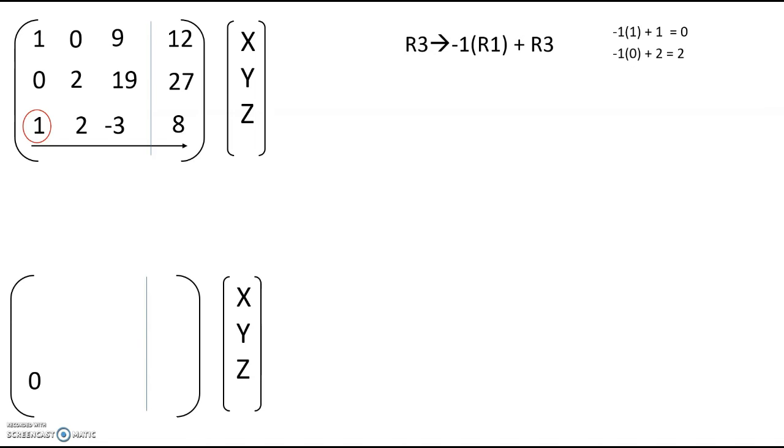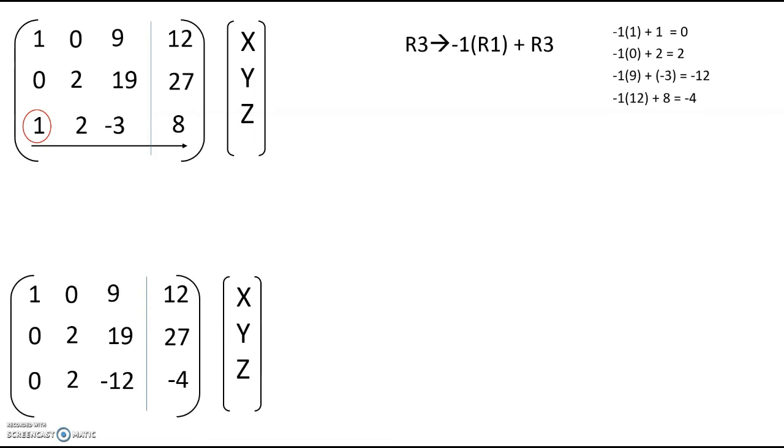So negative 1 times 0 and then plus 2 is equals to 2. Negative 1 times 9 and then plus with negative 3 is equals to negative 12. And then negative 1 times 12 and then plus with 8 is equals to negative 4. Write down there. And leave everything else as the same.